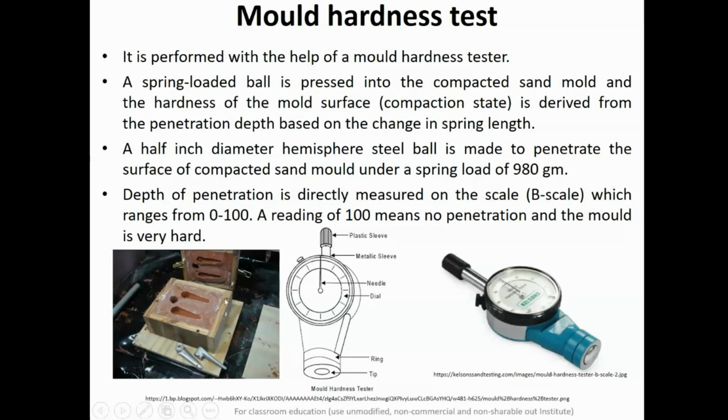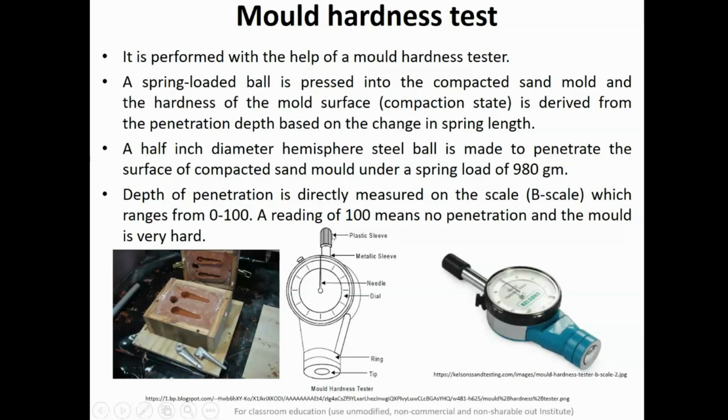So you take this spring loaded ball and you press it at the surface up to this particular level. You see this ball is somewhat bulging out from this level. This is the ring or the flat surface. So this ball is bulging out from the surface, and then you press it by holding this device from this location, which is the plastic sleeve.